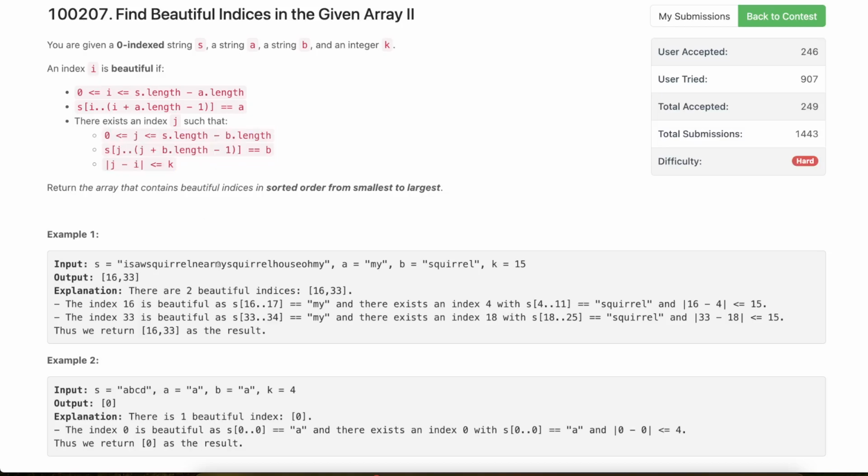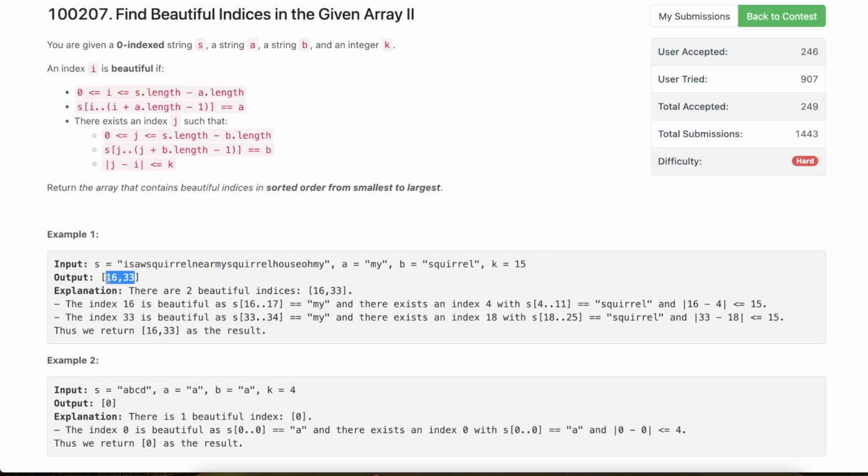So if you look at it, we have squirrel as well before, right? And the index of this particular character here is 4, and the index of this particular character here is 16. So if you do the modulus of 4 minus 16, that will be coming as 12, and 12 is less than or equal to 15, and hence this index is a beautiful index.